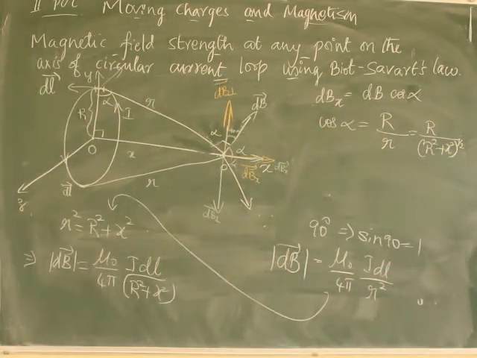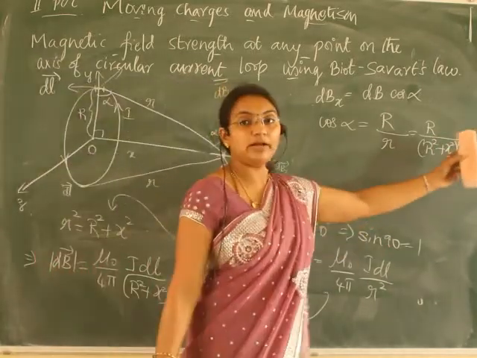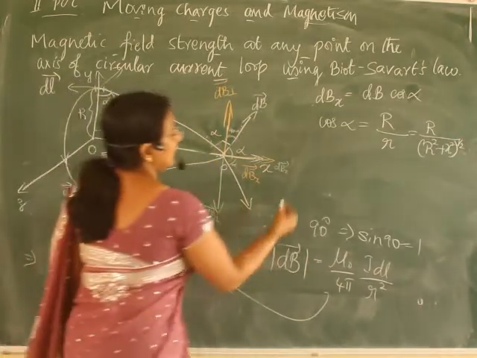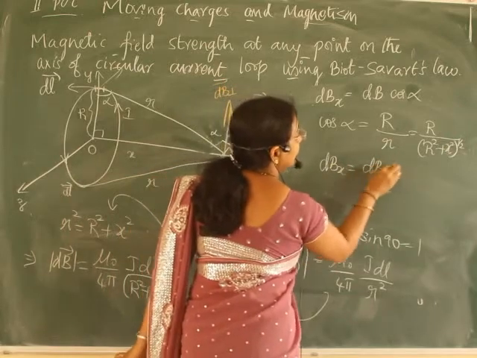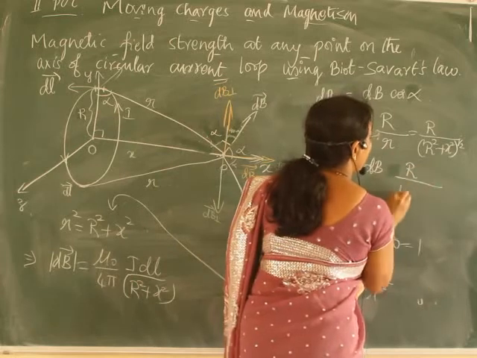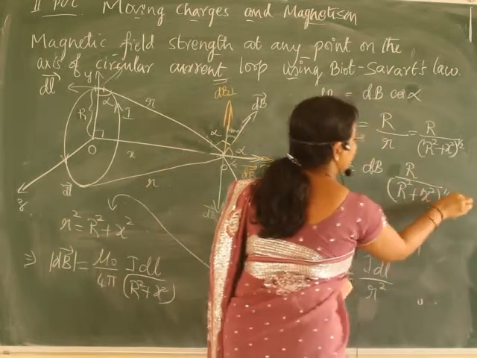Am I right? R by (R square plus x square) to the power half. Then I can write dBx is equal to dB into R by (R square plus x square) to the power half.